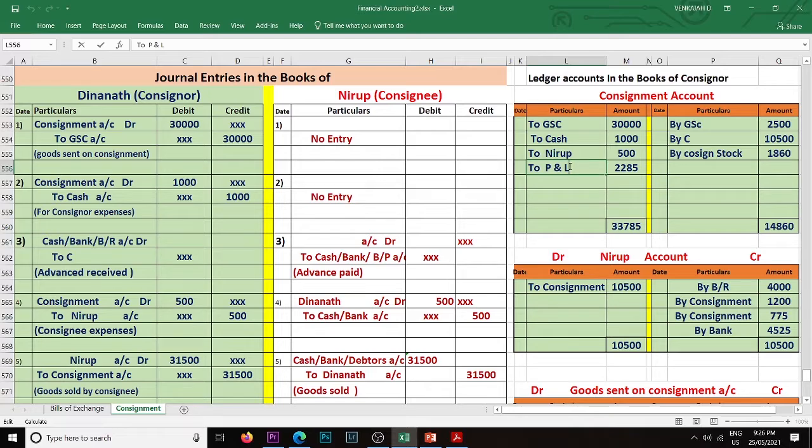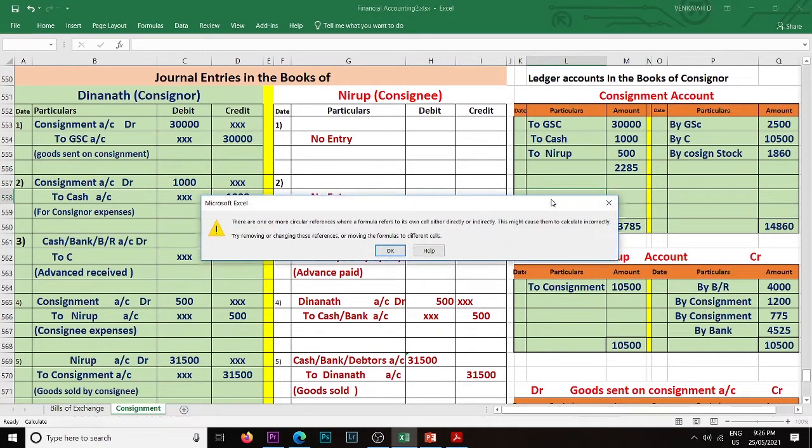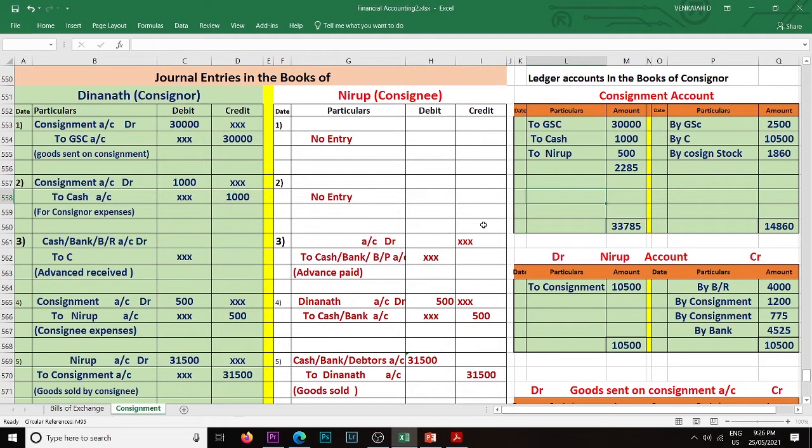Again, consignment account debit to Nirup account. For commission, check the entry 1575, and sales entry please. By Nirup account, amount 31,500.